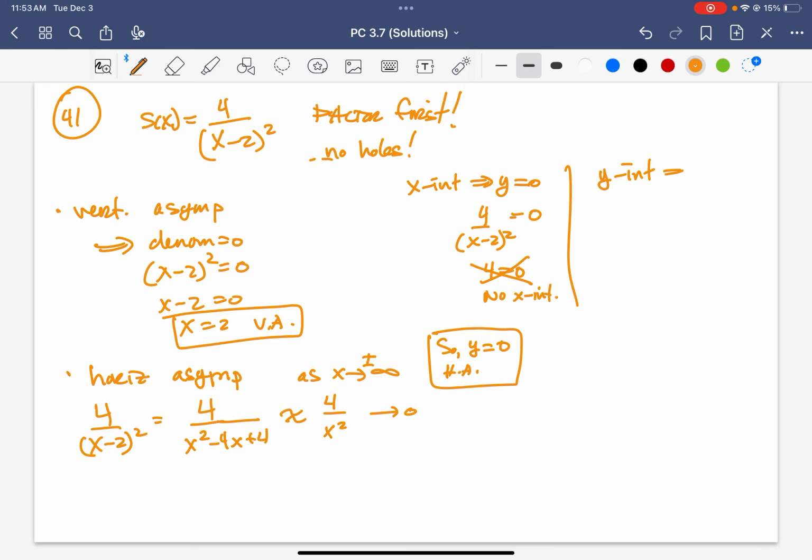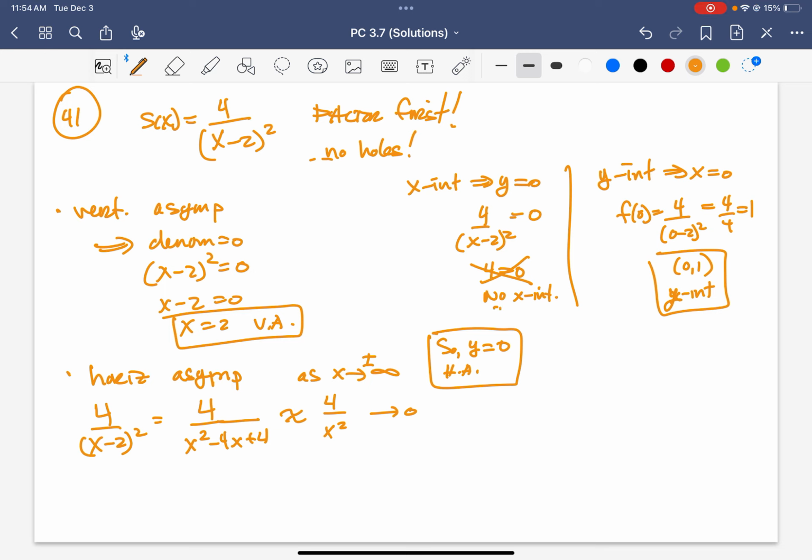The y-intercept is where x equals 0. So we simply plug in 0, and f of 0 gives you 4 over (0 minus 2) squared, which is 4 over 4, which is 1. So (0, 1) is our y-intercept.